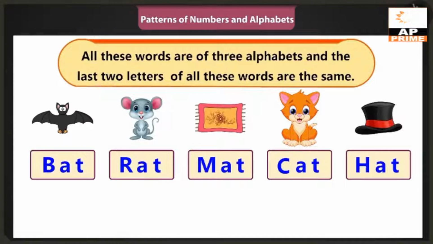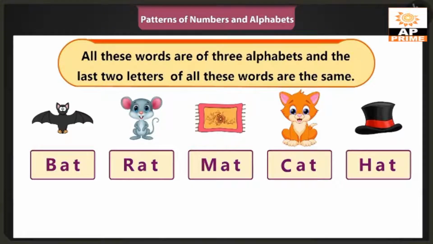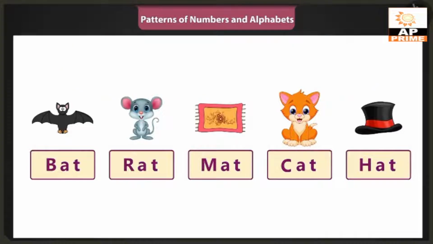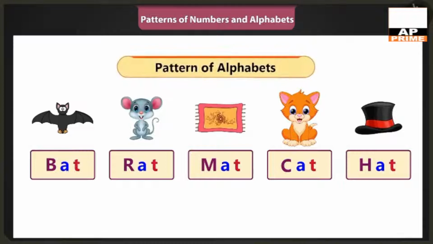Here, all these words are of 3 alphabets, and the last 2 letters of all these words are the same. Rightly said, Binny. In all these words, the second alphabet is A, and the third alphabet is T. So it does become a pattern of alphabets.